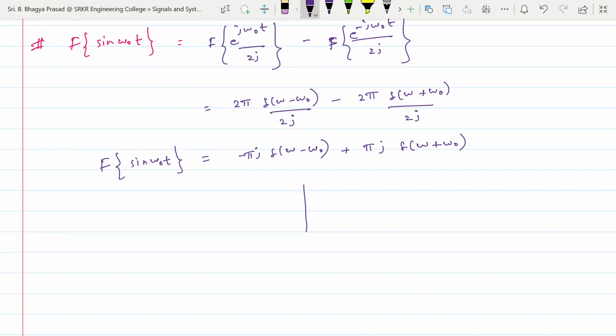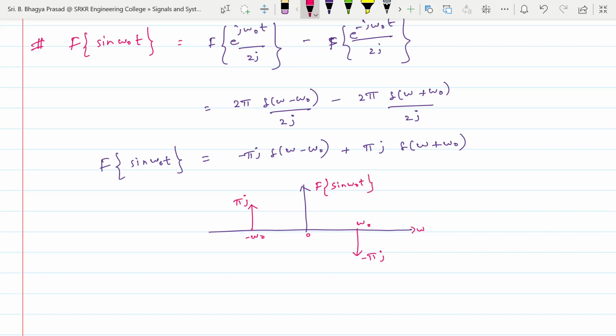This spectrum is two impulses at the same frequencies, but the strengths are different, a positive impulse and a negative impulse.